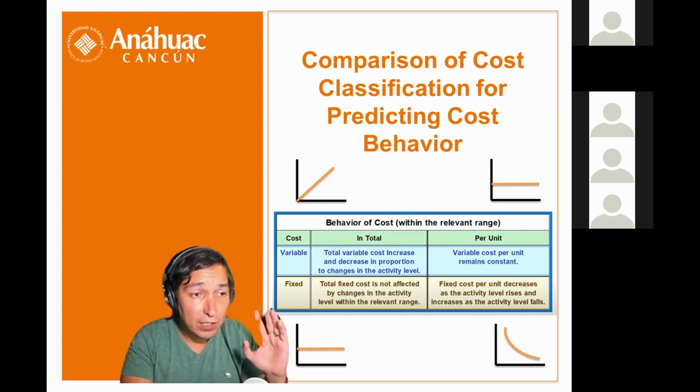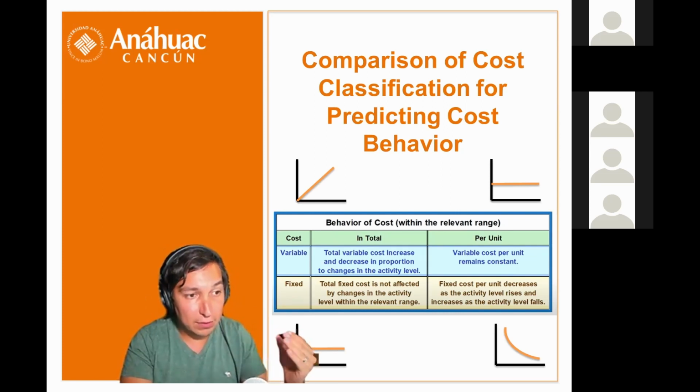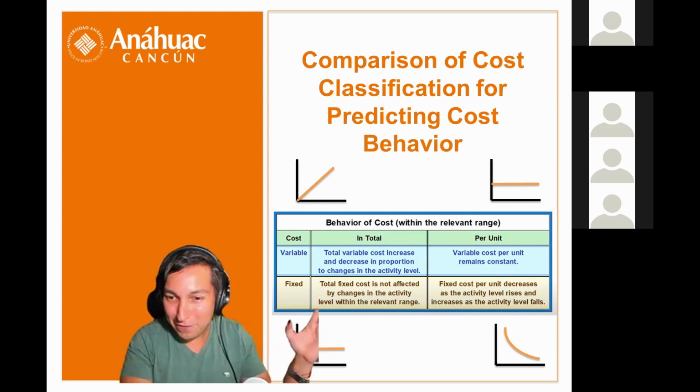But if we look at fixed costs on a per unit basis, that's the interesting part of the fixed cost. Cost per unit decreases as the activity level rises and increases as the activity level falls. So what is that going to look like? That's the plot that you have in the corner.